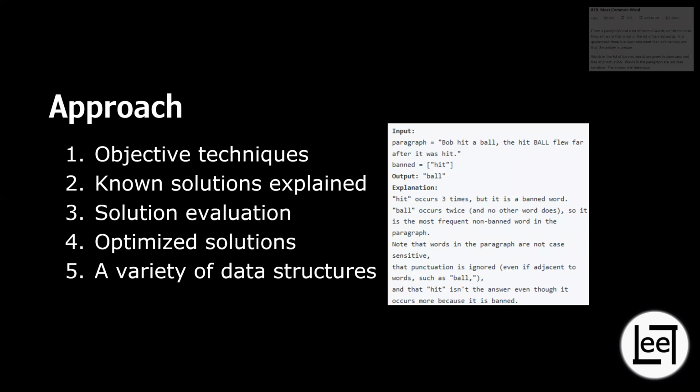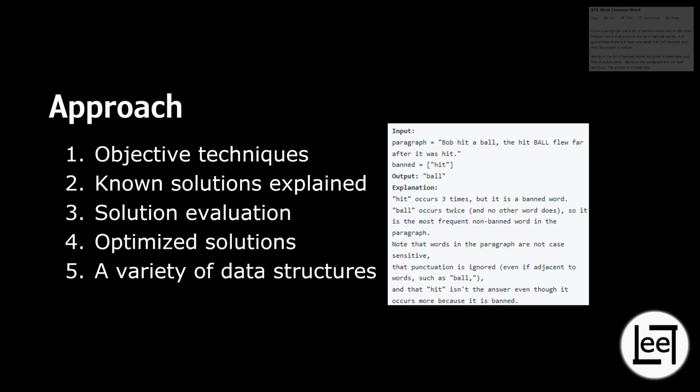First, let's look at an example input, an example output, and why this makes sense. So an example input could be, Bob hit a ball, the hit ball flew far after it was hit, and the list of banned words would include the word hit. The output for this example is the word ball.